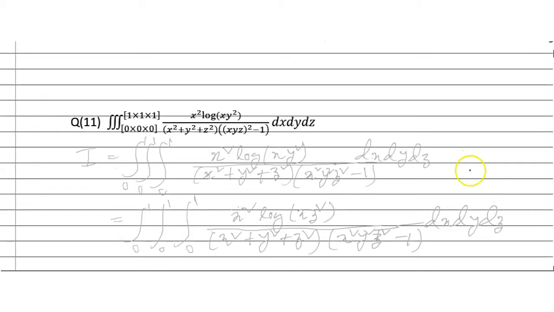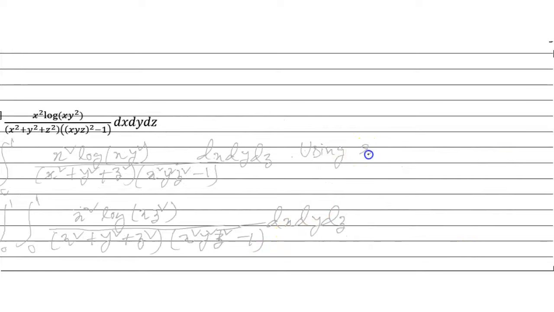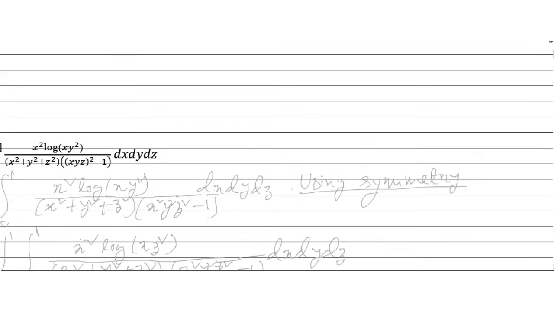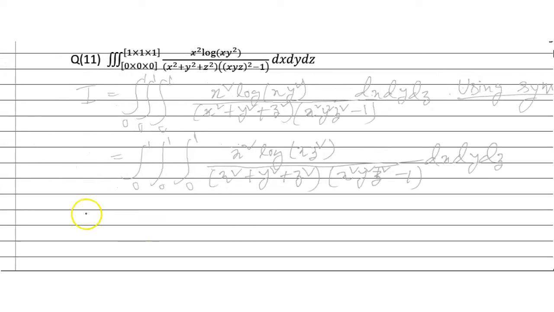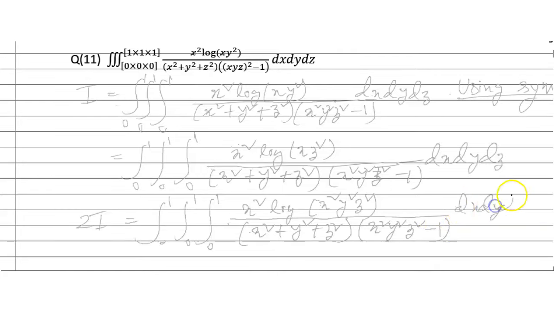Using symmetry, I get 2I equal to 0 to 1, 0 to 1 and 0 to 1 of x square log (x square y square z square) over (x square y square z square minus 1) dx dy dz.